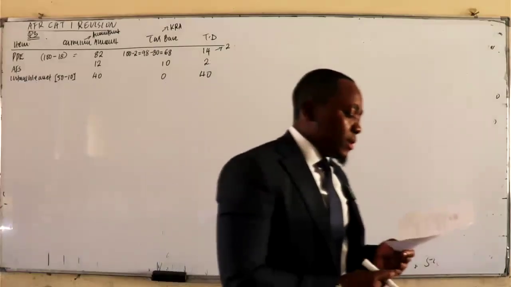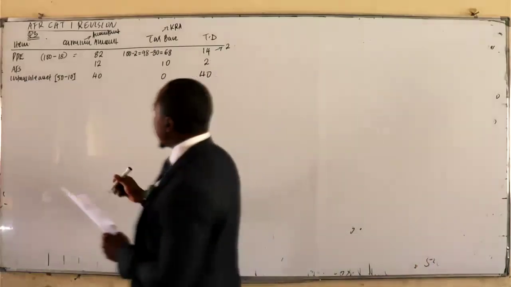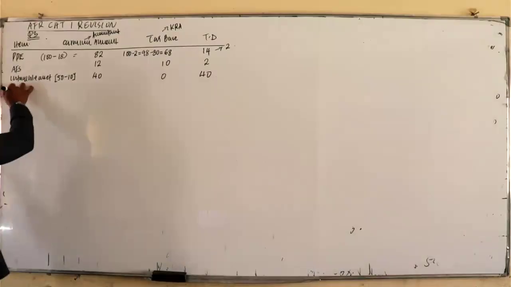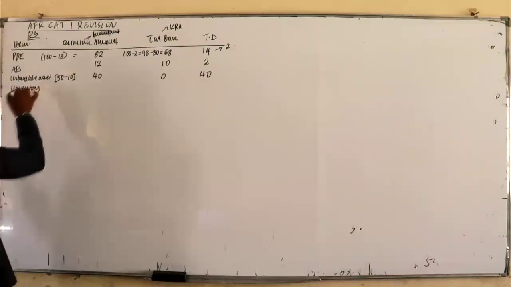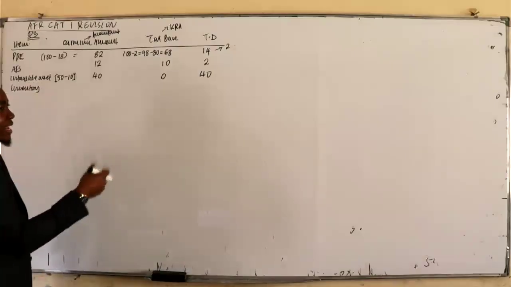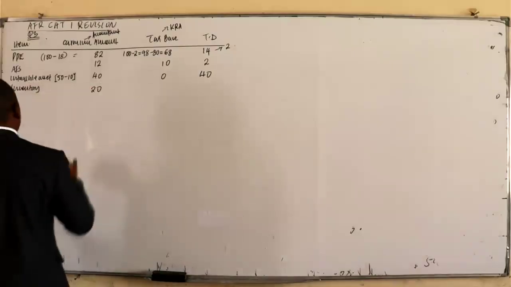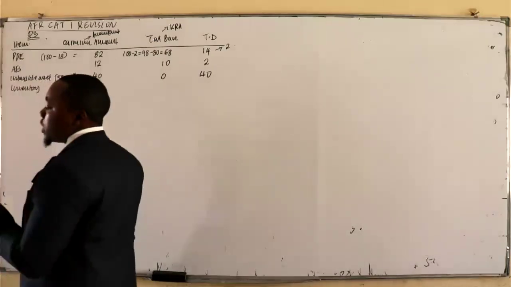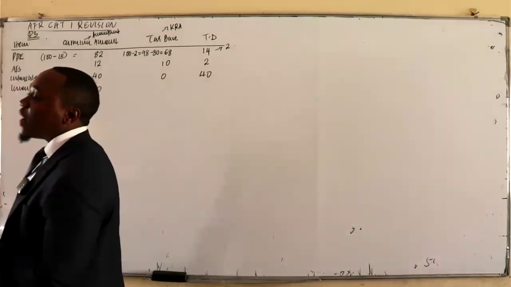Number 4. Total inventory. So we have inventory. Inventory is an asset. Total inventory was carried at 20. So that's the carrying amount, which was the net realizable value.